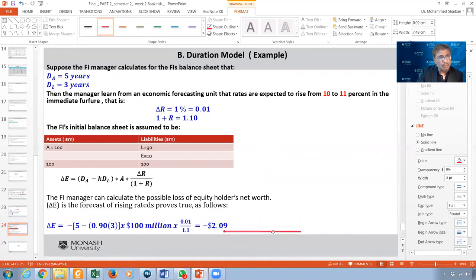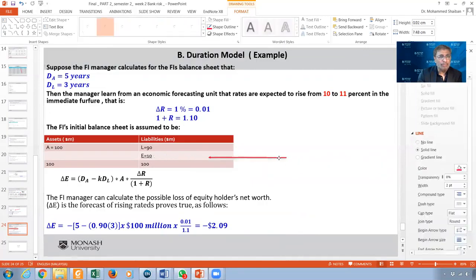So the drop is actually 2.9. The drop is 2.9 in my equity. This is the drop of my equity. So this equity now is not 10, but actually 10 minus this one.